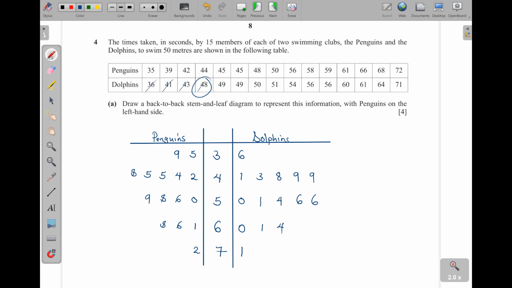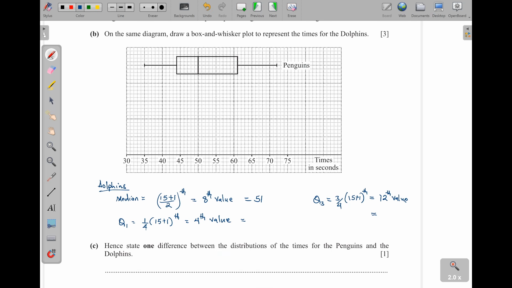So it is 48. Q1 is 48. Then how about Q3, which is the 12th value? This is 15, 14, 13, 12 will be here, 60. This one is 48 seconds, and then this one is 60.